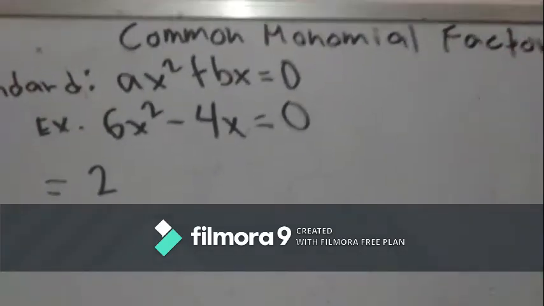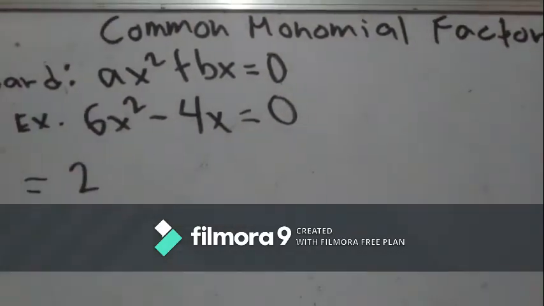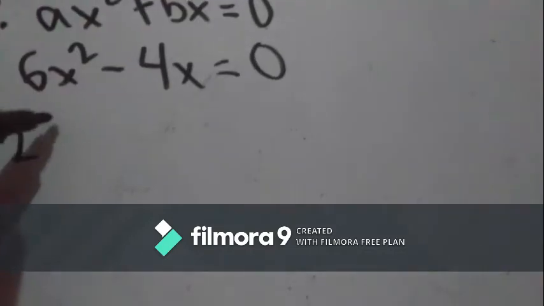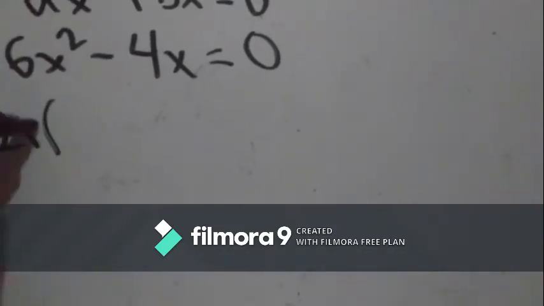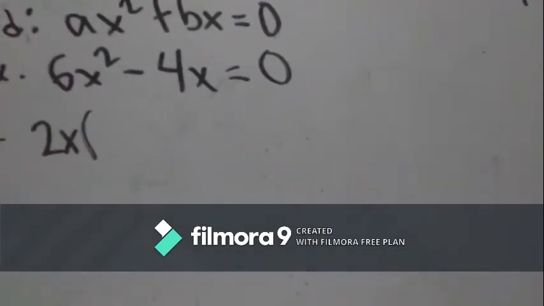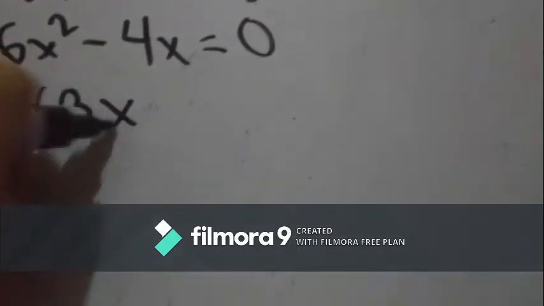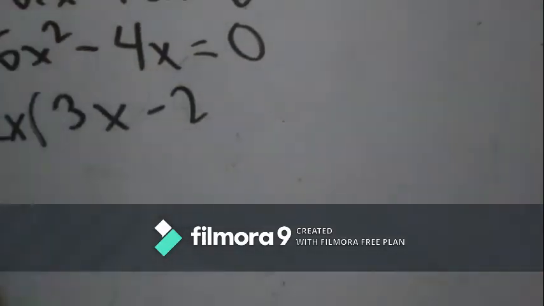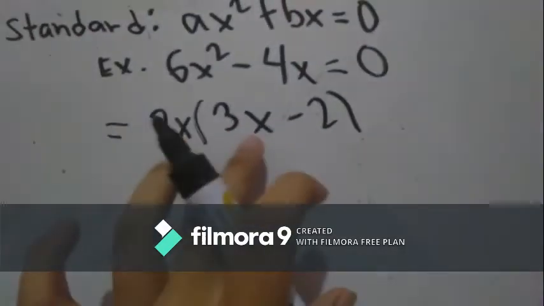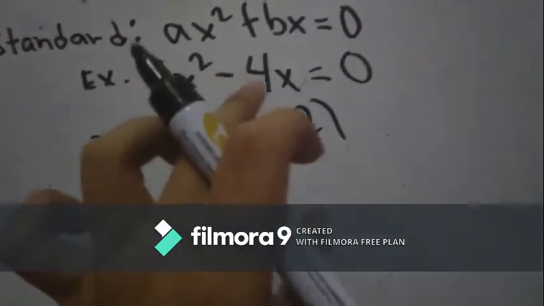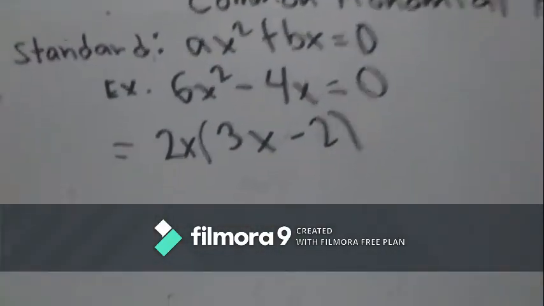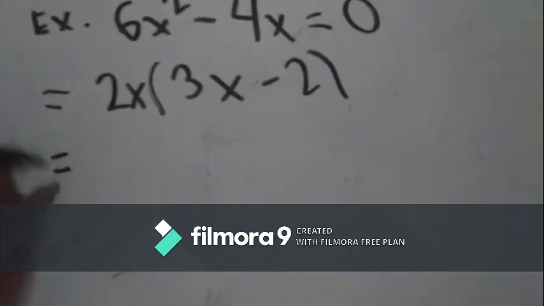So after that, we should do the common monomial factoring. So put 2x outside, then 3x minus 2. Because if you multiply it, the answer will be 6x squared minus 4x. And then we should apply the zero product property, or ZPP.